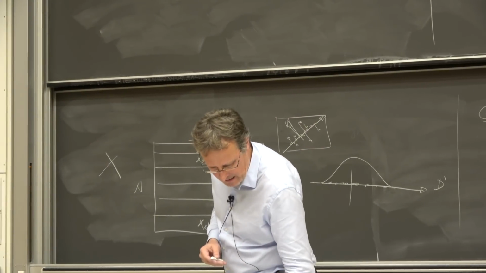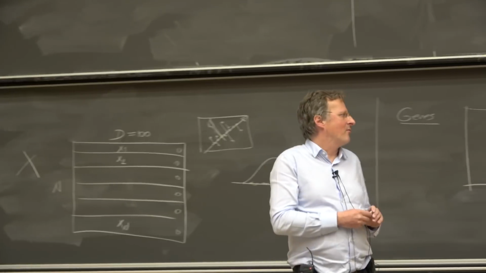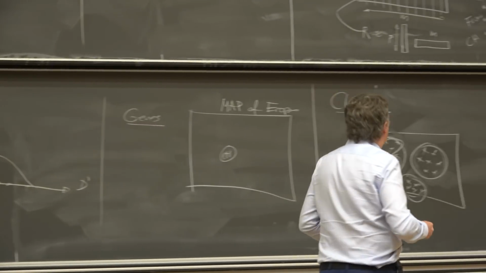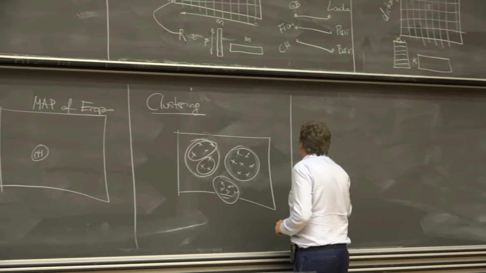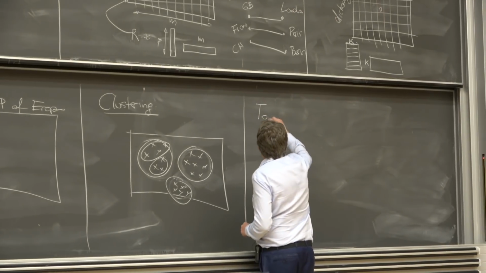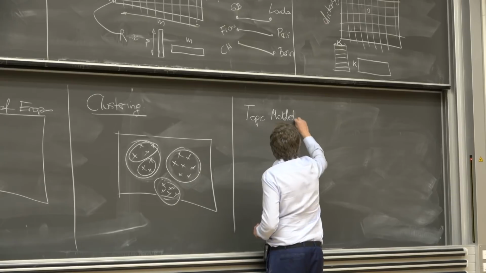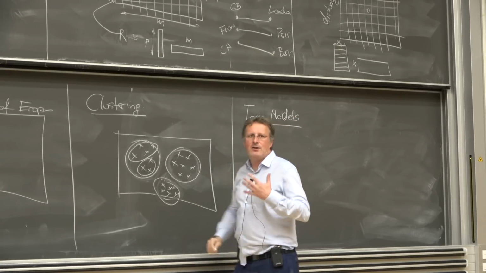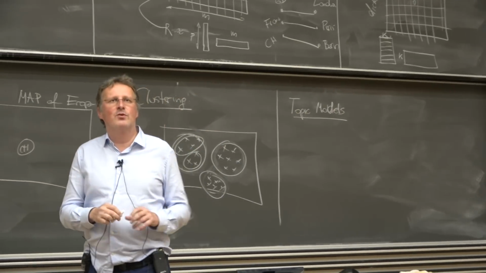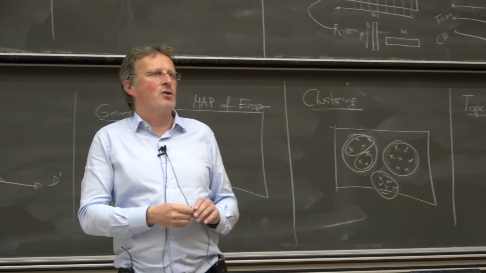There is another nice thing related to clustering that has to do again with text, and that goes towards what's called topic models. Topic models themselves are not really clustering, but you can use them in this context. So what are topic models?